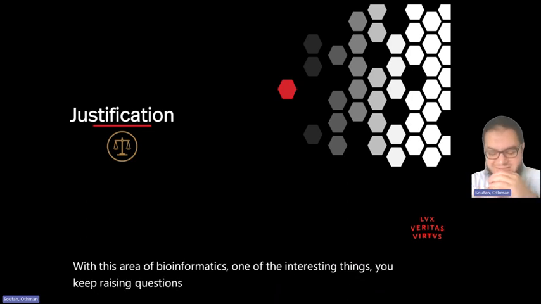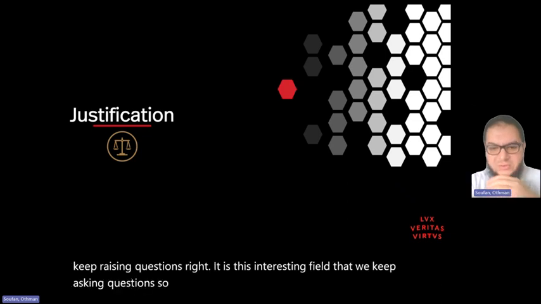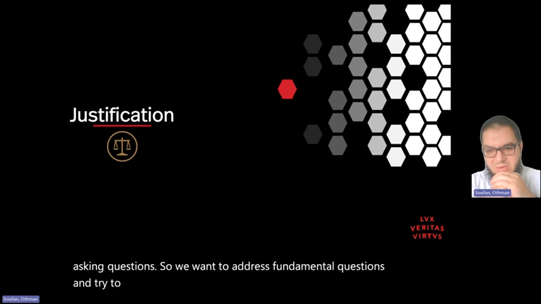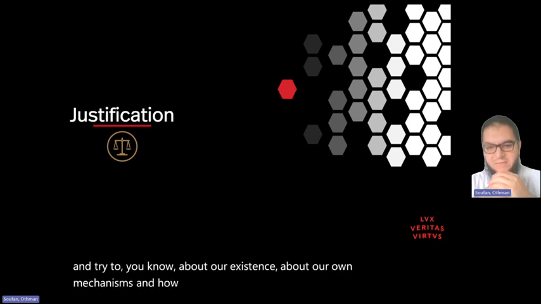It is an interesting field where we keep asking questions. So we want to address fundamental questions about our existence, about our own mechanisms, and how we can improve our life. So here we go.